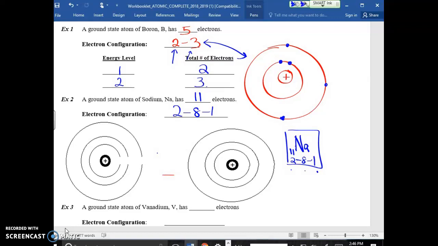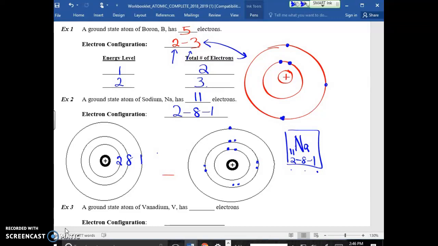I could write the 2 on the first energy level, the 8 on the second, and the 1 on the third. Or, of course, I could write in with dots, 2 dots in the first, 1, 2, 3, 4, 5, 6, 7, 8 in the second, and 1 in the third.